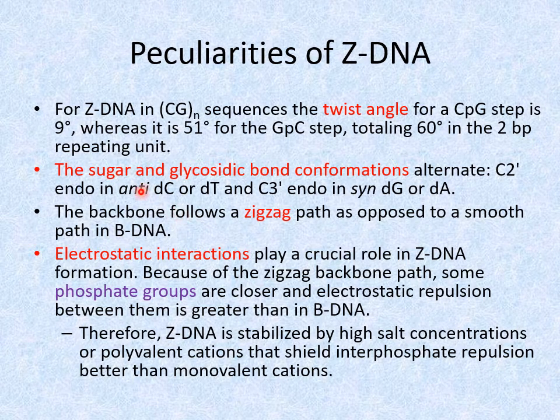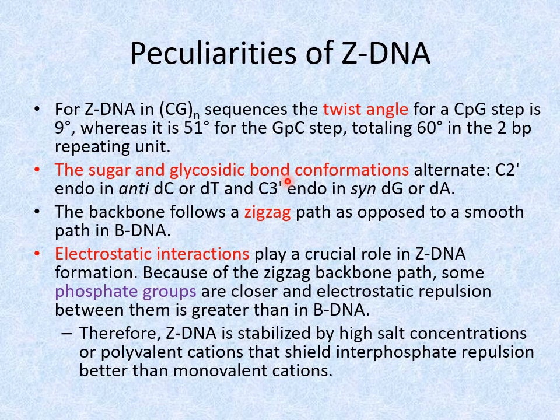That is because of the conformation of the sugar and the glycosidic bonds. In case of Z-DNA, the C2' endo conformation is in anti for cytosine or thymine deoxyribonucleotides, while in case of G and A, guanine and adenine, the conformation of the sugar molecule is C3'.